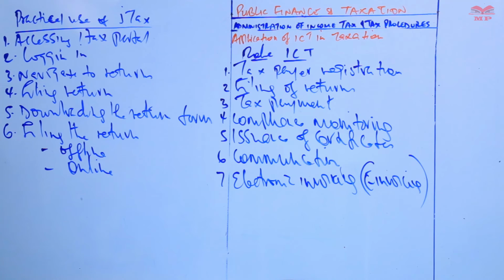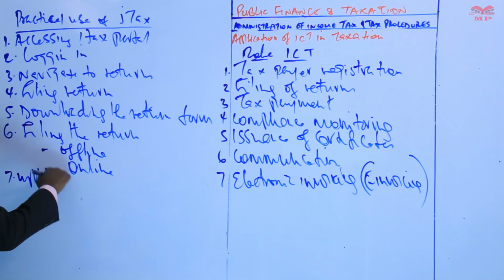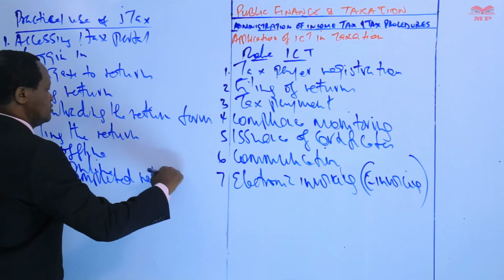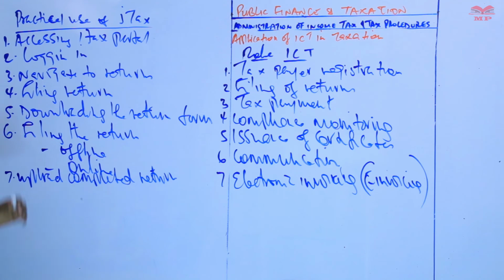Then in step number 7, you upload the completed return. That could be for offline forms, where back on the iTax portal you select the completed offline form from your computer and then upload it. The system will validate the file.